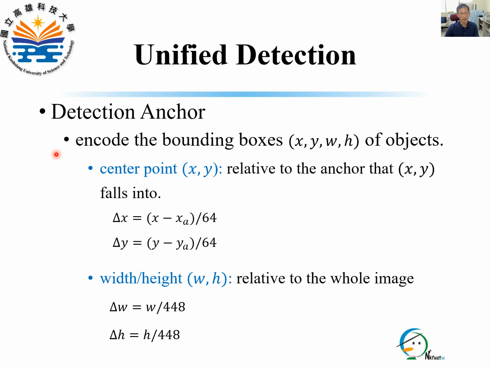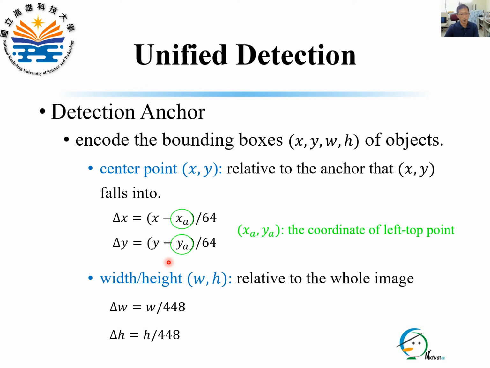The use of anchors is to encode the bounding boxes of objects. The center point (x, y) is expressed as delta x, delta y relative to the anchor that the center point falls into. The computation of delta x, delta y is to subtract xa, ya from x, y, and then divided by the anchor size.